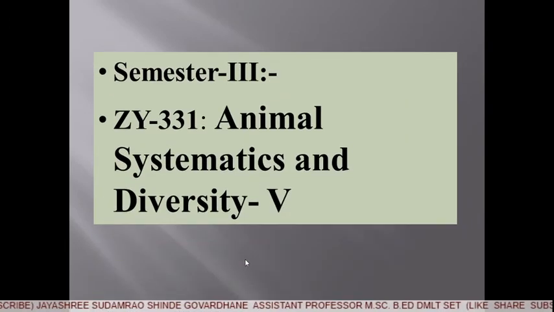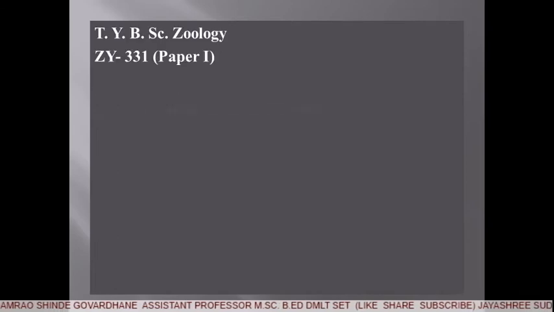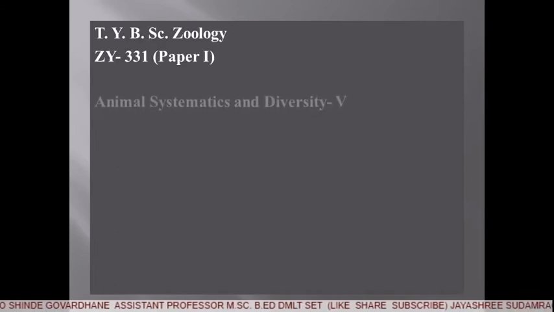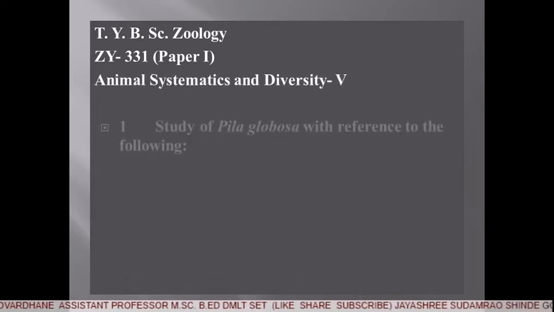Now we will be concerned with ZY331 Animal Systematics and Diversity 5. We'll see here the syllabus of our paper.